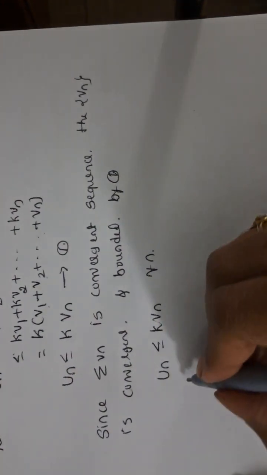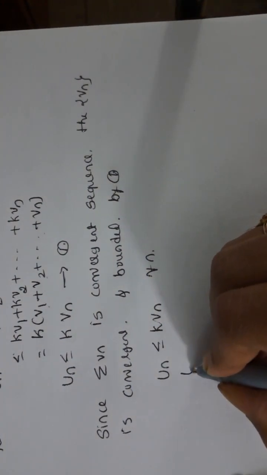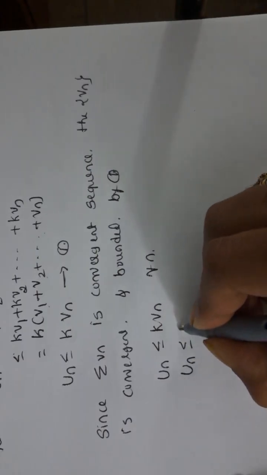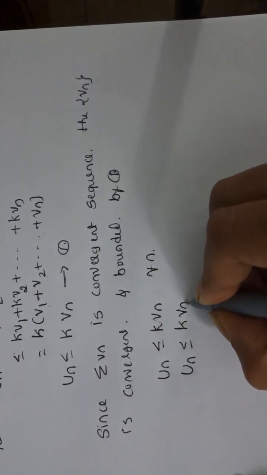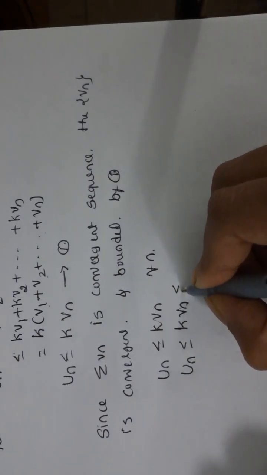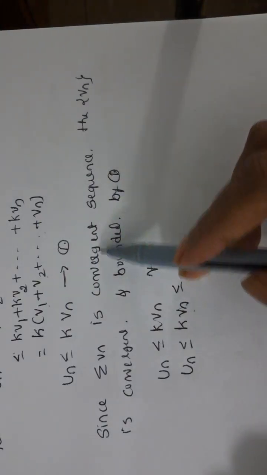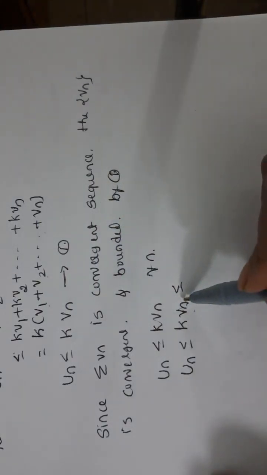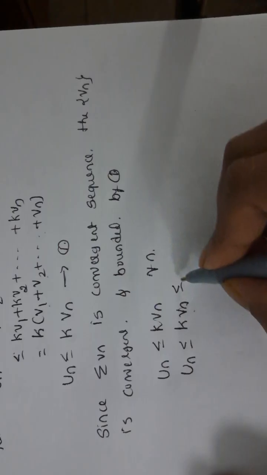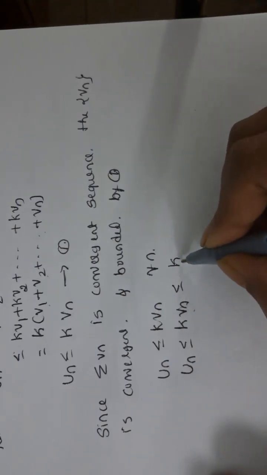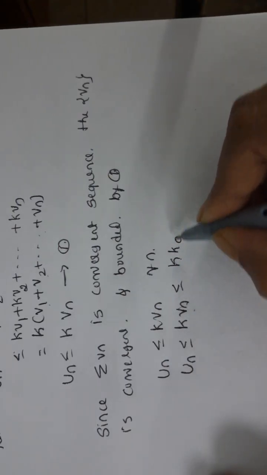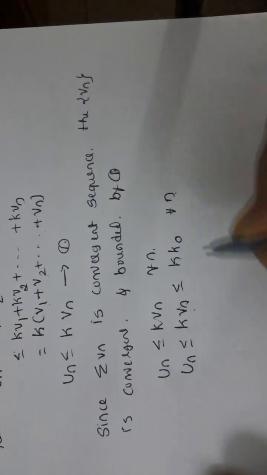So un is less than or equal to k into vn. Now this should be less than or equal to, since vn is bounded, let us consider that it is bounded by some k naught. So I can replace that by k into k naught. This is true for every n.